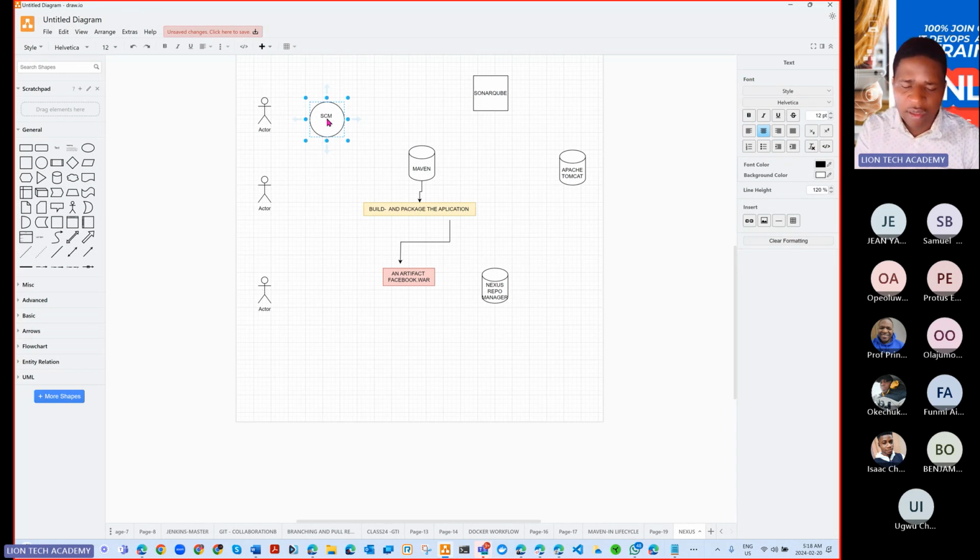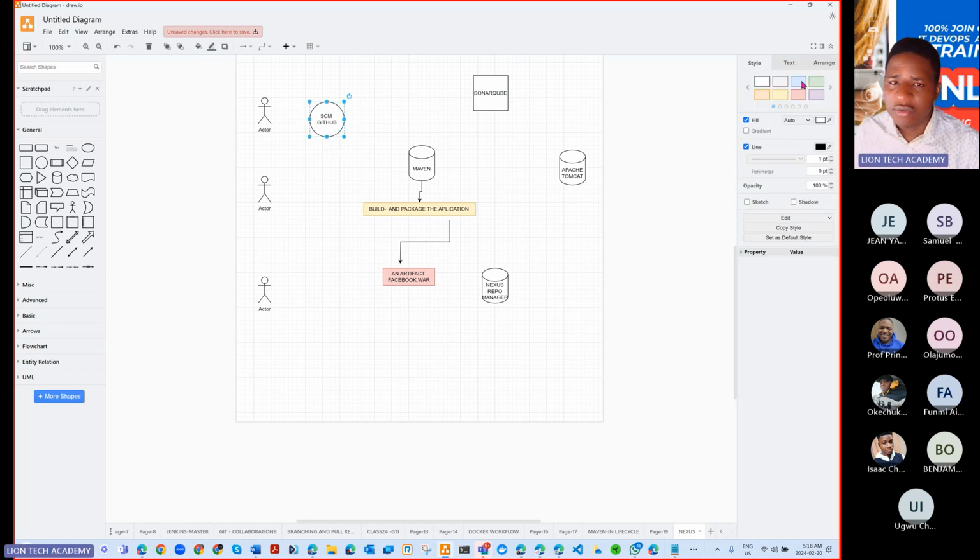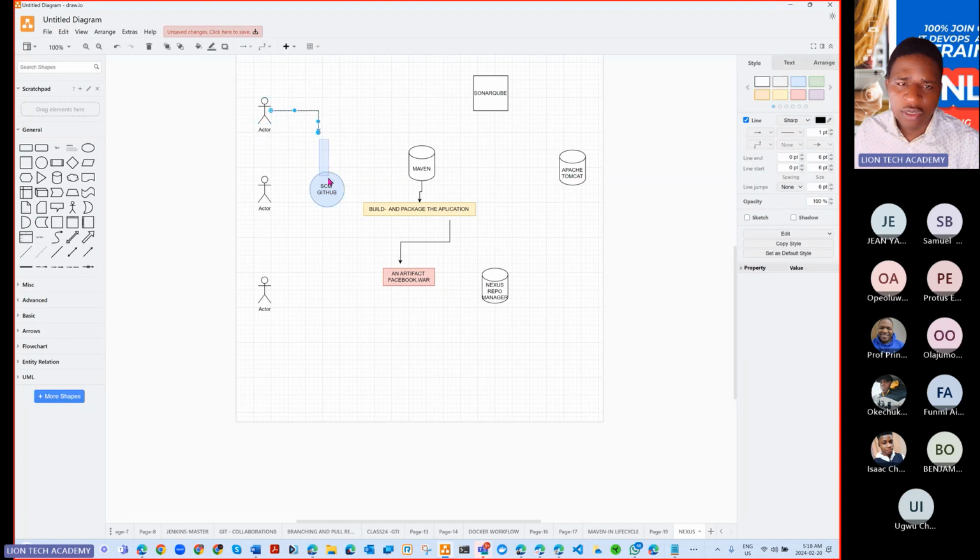In this case, let's say GitHub. So everything they do here is being pushed here.